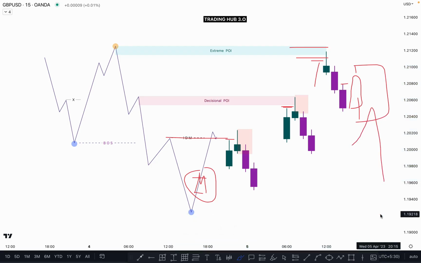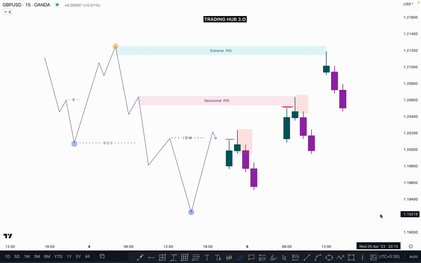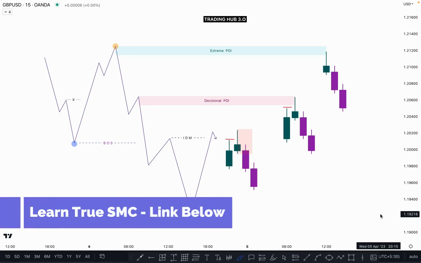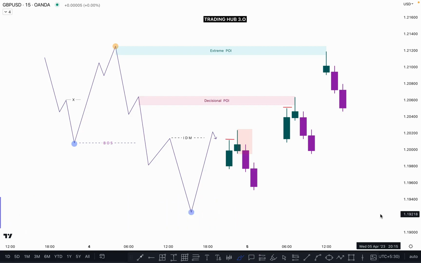You have to remember, you must not sell or buy everywhere, okay. When you see the previous candle high low sweep here, you are not just looking for the buy or sell. No, you have to wait for the higher time frame inducement to be created, and wait for the higher time frame POI, extreme POI or decisional POI mitigation. Then you have to focus on candlestick. You don't need to directly focus on candlestick everywhere. No, then most of the time your stop loss is hit.